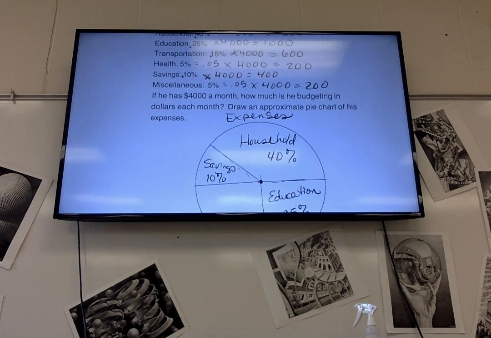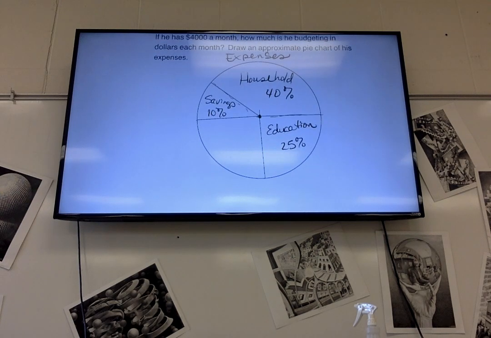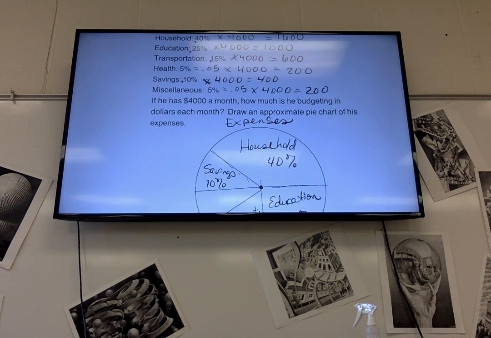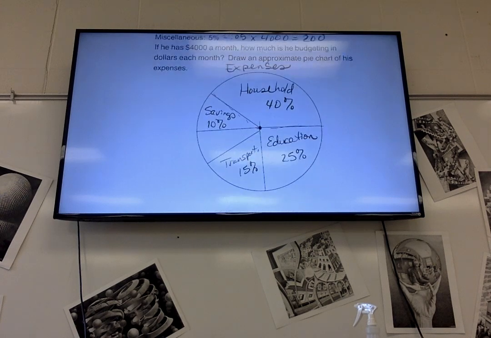And then transportation was 15%. That would be like down here. And then you have 5%, health and miscellaneous.